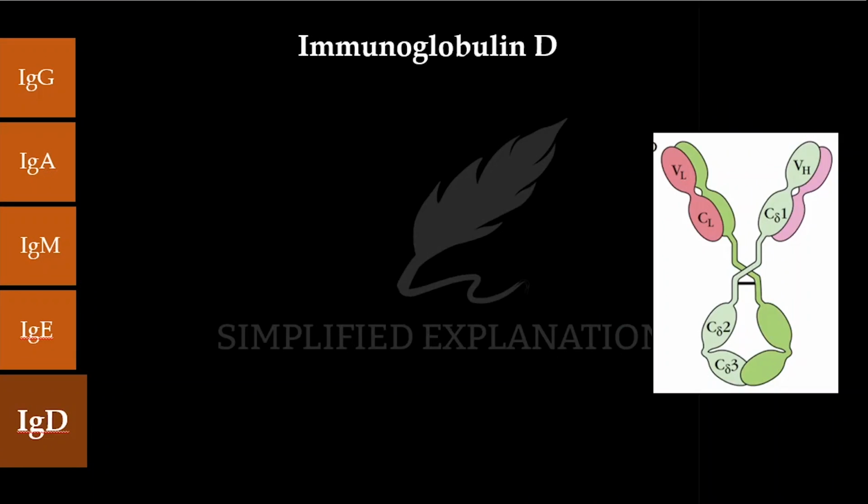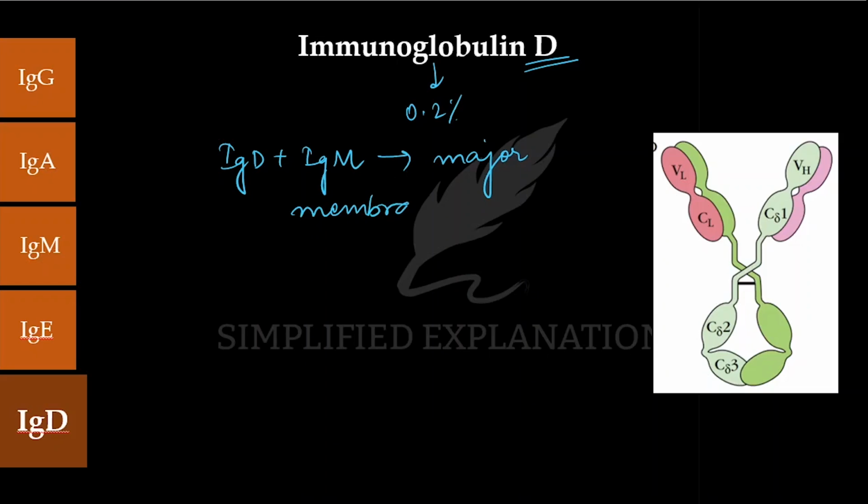Last, immunoglobulin type D. It is around 0.2% in the blood, and IgD, along with IgM, is a major membrane-bound immunoglobulin.